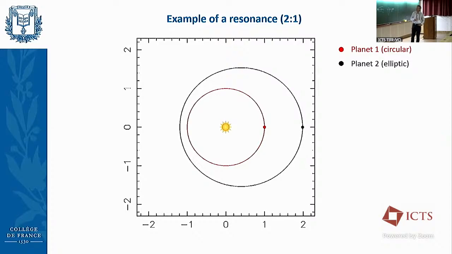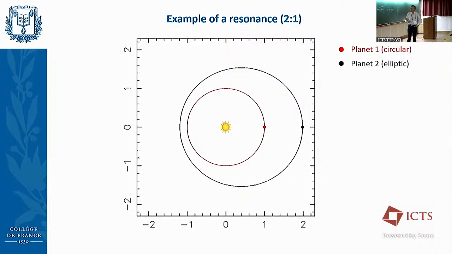So, in principle, what is a resonance? It's a periodic orbit, because the configuration repeats after 2 orbits of the inner planet and 1 orbit of the outer planet. So resonance is a periodic orbit.